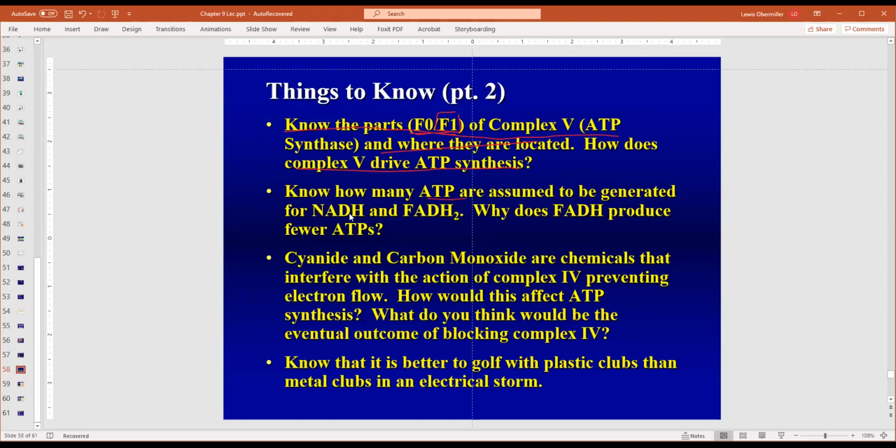How many ATP do we make per NADH? 2? No way. Try again. 6? No, that's how many protons we pump, but not how many ATP. Remember, every 2 protons equal 1 ATP.